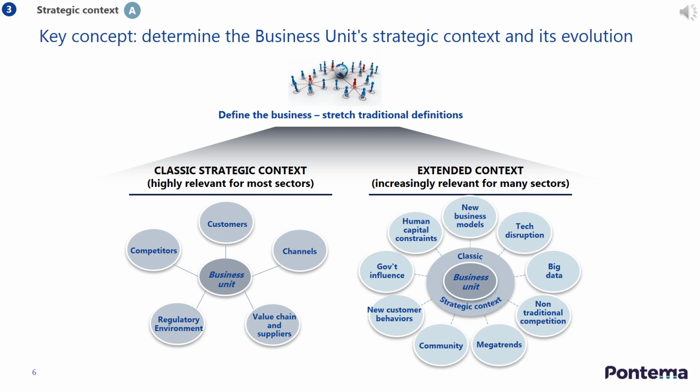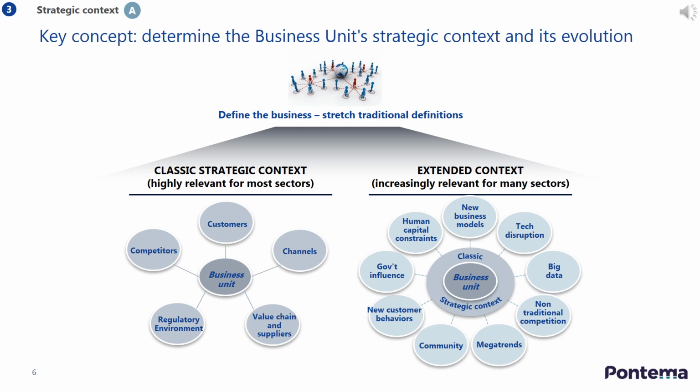In the strategic context step, one of the most important tasks is to define the business environment within which the unit operates. This means reviewing all the internal and external factors that affect how the business unit functions, including the value chain, customers, competitors, supply and demand channels, and business regulations.